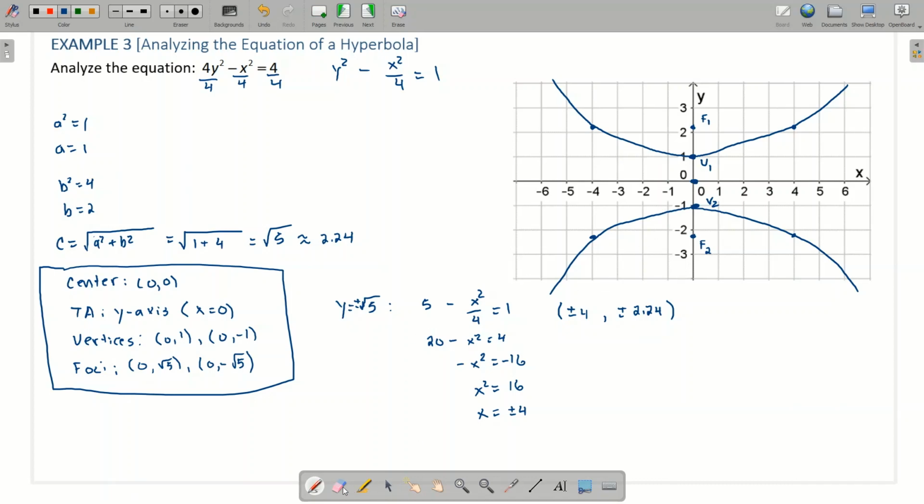The way we can see that is if we remember in a parabola, the a value was this distance. It was the distance between the vertex and the focus. And we had what was called the latus rectum, which joined the focus over to the 2 sides of the parabola.